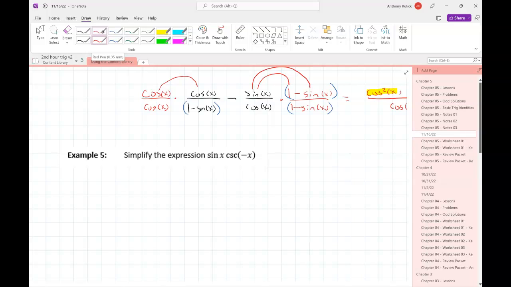Yeah, I want to use that odd-even identity. I need to get the variables the same. One of them's an x, one of them's a negative x. So I'm going to use the odd-even identity that says cosecant of negative x is negative cosecant of x.